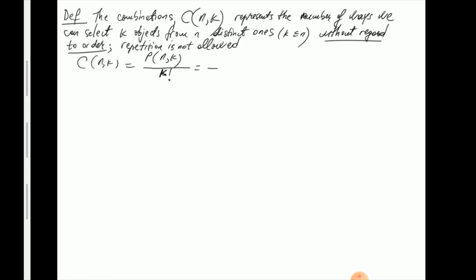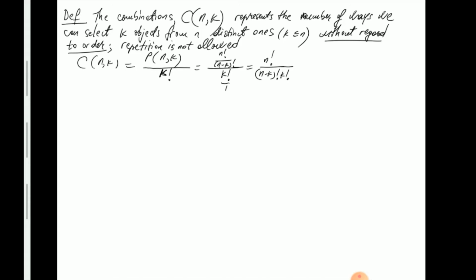Because remember, the formula for the permutation is n factorial divided by (n minus k) factorial. Everything is divided again by another k factorial. And if you simplify this fraction over a fraction, you get n factorial over (n minus k) factorial times k factorial. Or you can change the order of the factors.